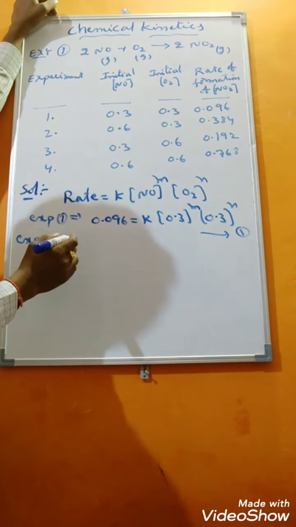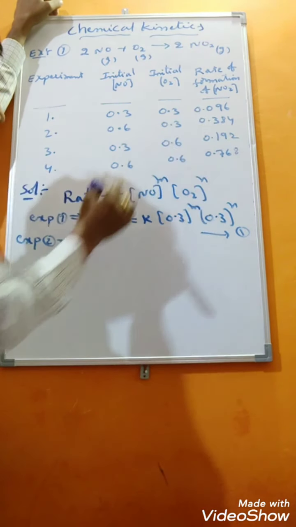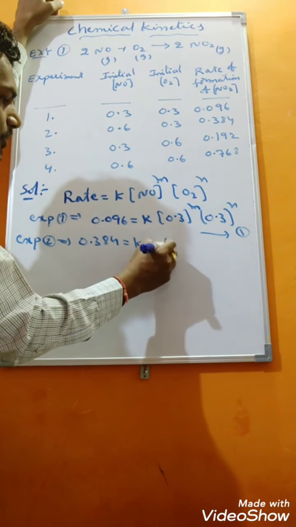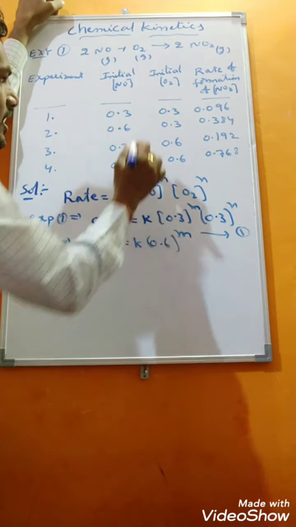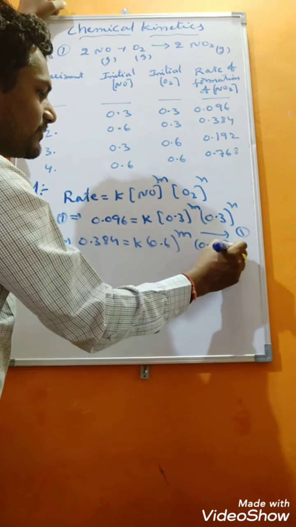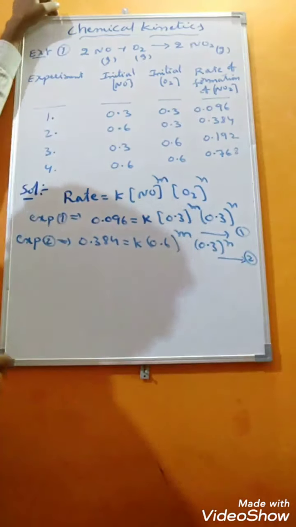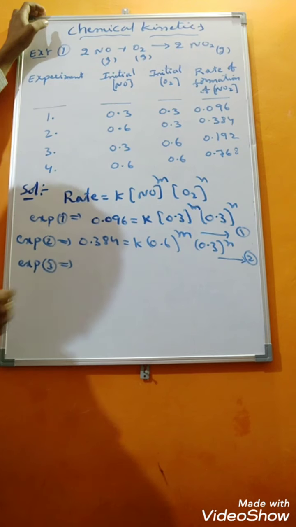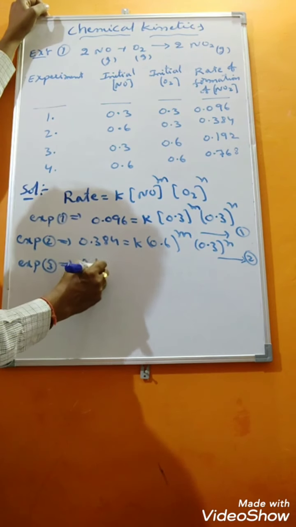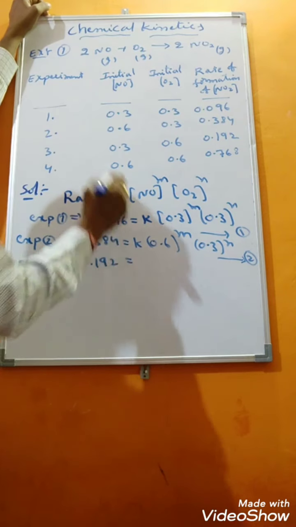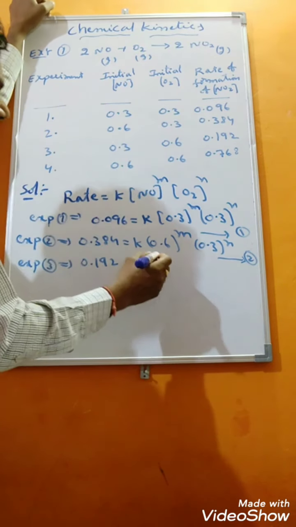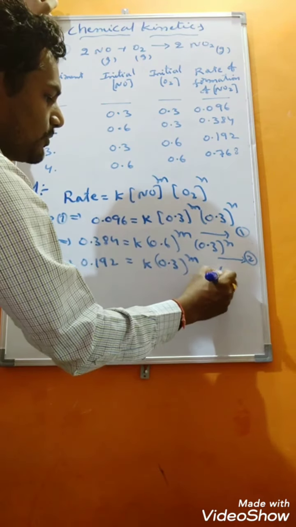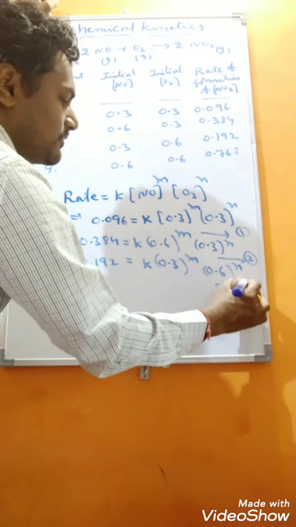The rate value is 0.384, which equals K into 0.6 to the power M and 0.3 to the power N. This I have taken as equation 2. Okay, now students, from experiment 3 what can we write? 0.192, which equals K into the concentration of NO, 0.3 to the power M, and the concentration of O2, 0.6 to the power N. This I have taken as equation 3.